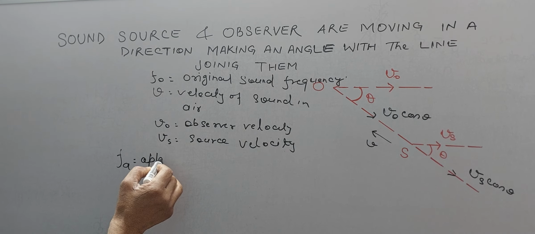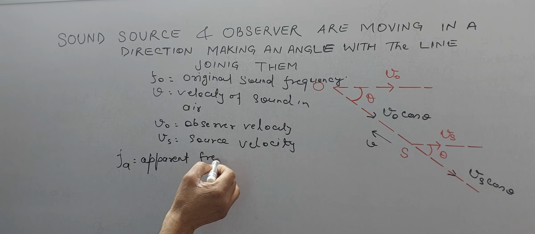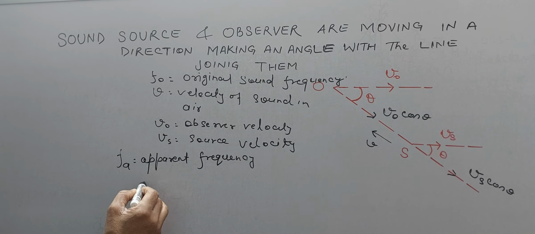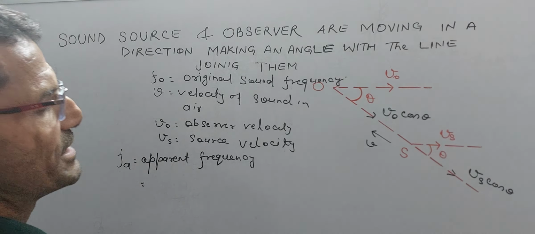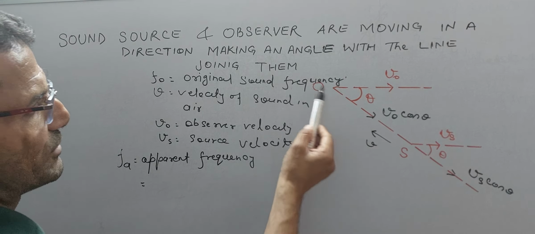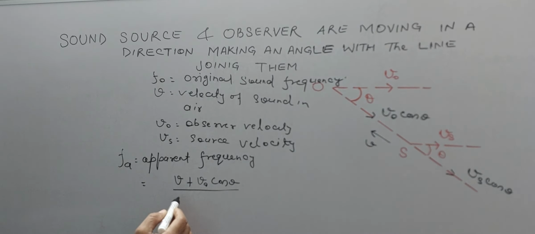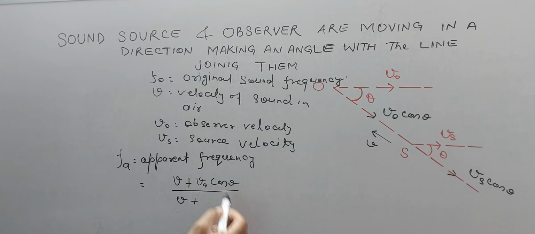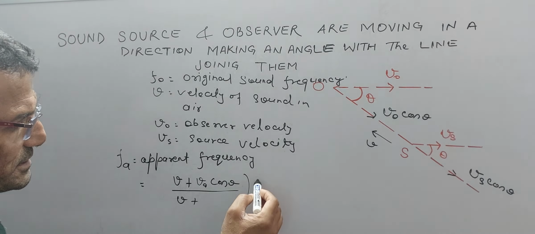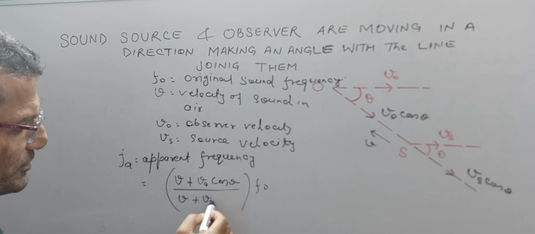Now the apparent frequency in that case will be equal to, since the frequency appears to increase to the observer because the observer is moving toward the source, the velocity of sound in air plus the velocity of the observer along the line joining observer and source, which is V naught cos theta, divided by the velocity of sound in air plus, because the source is moving away, it will reduce the factor of f naught, therefore we have to increase the denominator, Vs cos theta: V plus Vs cos theta.